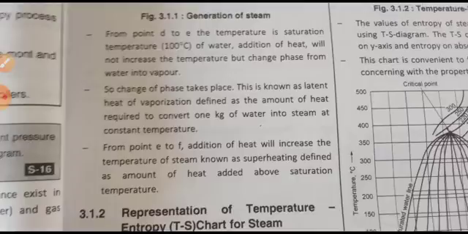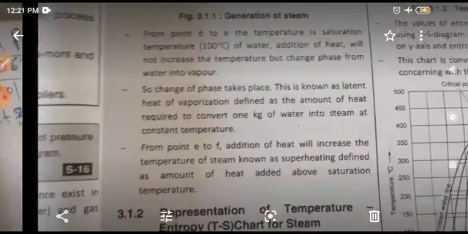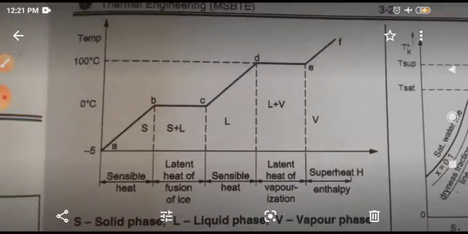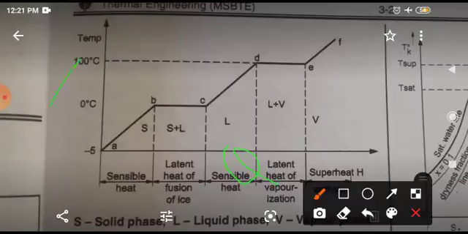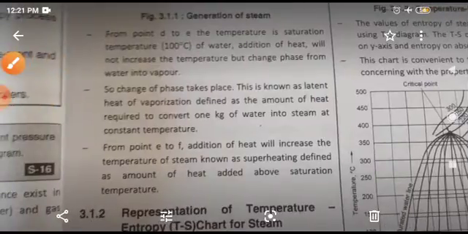This diagram was a heat added versus temperature diagram. More we have to see. Here we have another diagram on which we have to show this behavior of water.